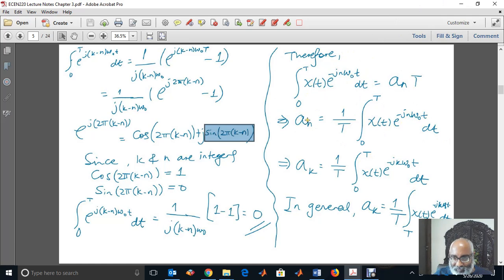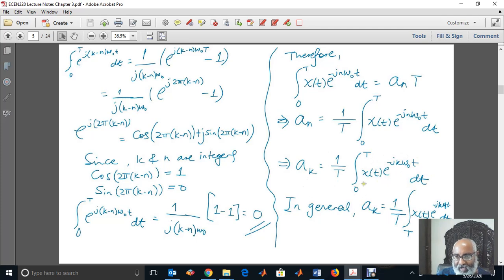Okay? So I have n here, and I have n here. I can change it to any other variable. Because we are working with k, change it to k. So a_k will become 1 over T, from 0 to T, x of t multiplied by e raised to minus jk omega naught t dt.